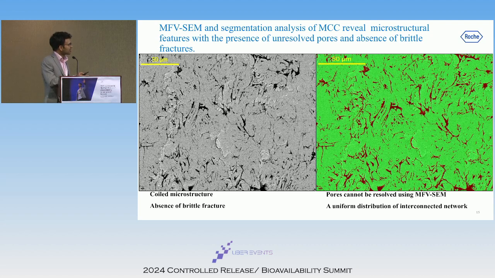Segmentation analysis revealed that there was a uniform distribution of interconnected particles of MCC. However, we don't see formation of any pores on the MCC tablets. So this clearly doesn't help us understand why MCC tablets had such high and rapid water uptake over DCP tablets.